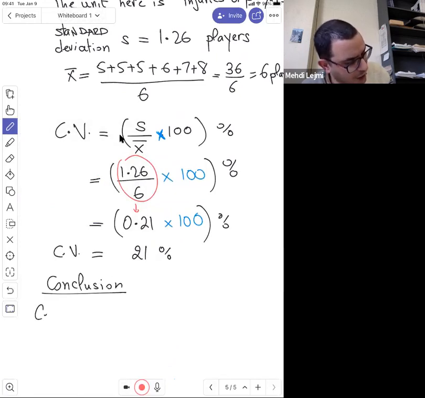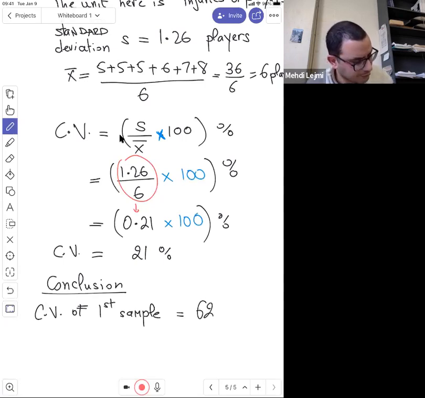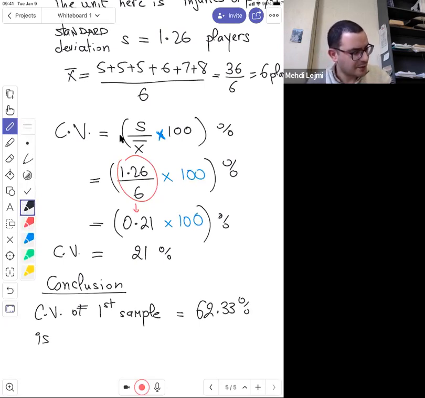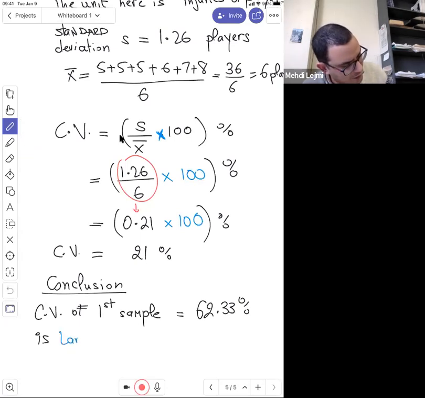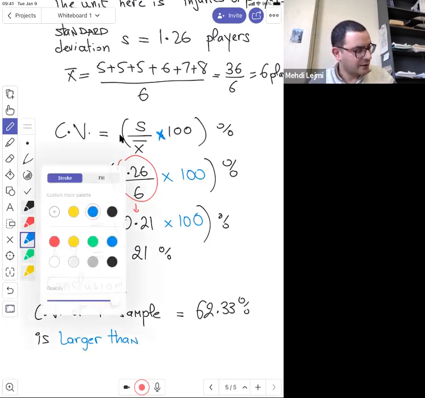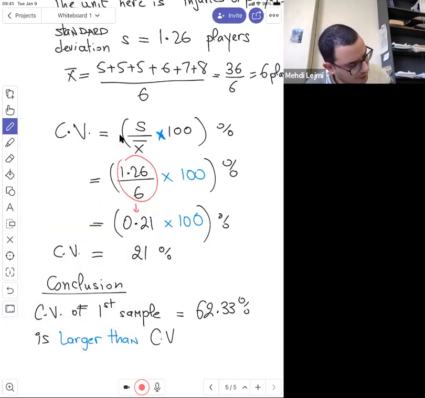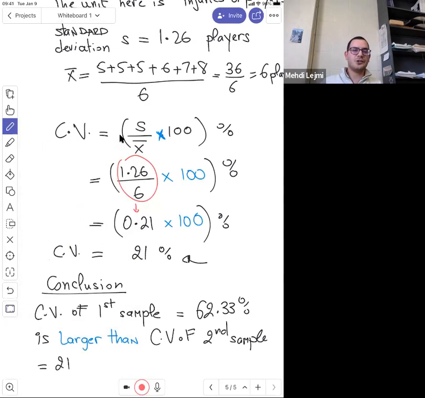So the conclusion here is that the coefficient of variation of the first sample, which is 62.33%, is larger than 21%, the coefficient of variation of the second sample, which we just computed is actually 21%.